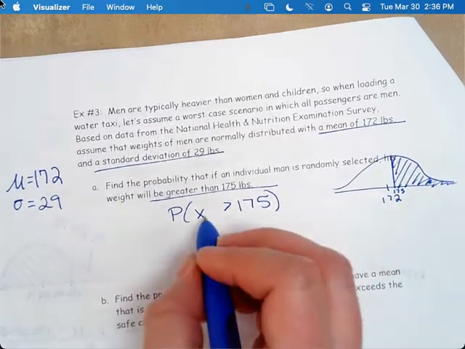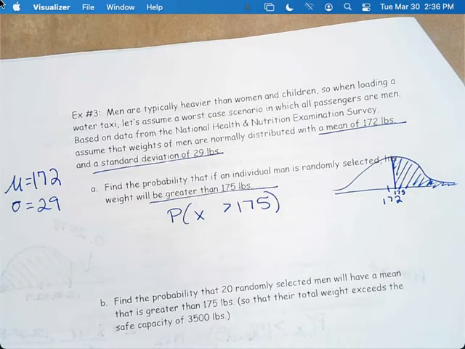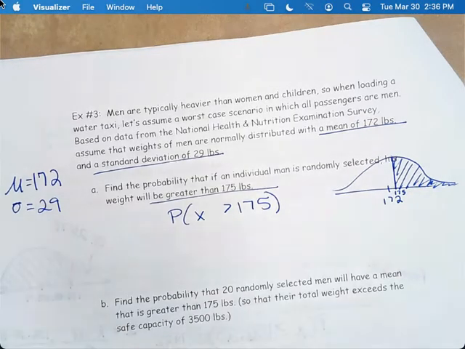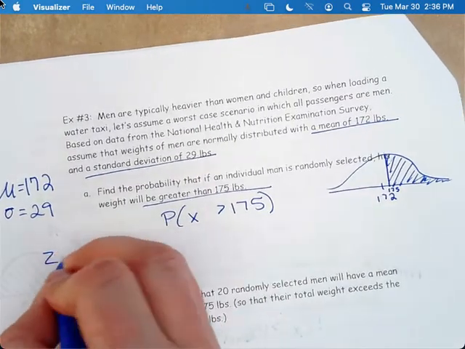So let's do probability that x is greater than 175. So we need to find our z-score.